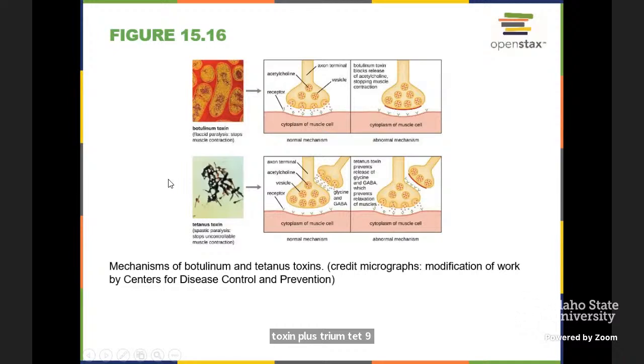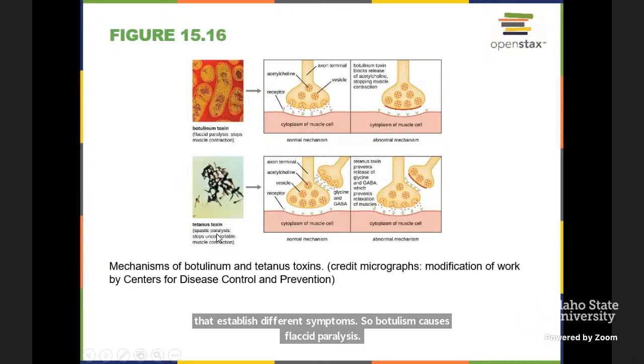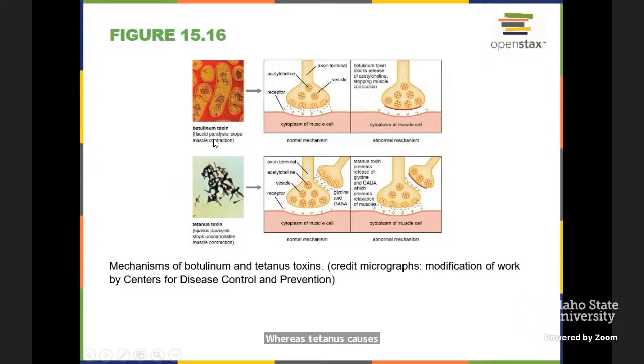So different things happening with the nerves that establish different symptoms. So botulism causes flaccid paralysis, whereas tetanus causes spastic paralysis. So the first one, the botulism, muscles don't contract, all right? So it stops those contractions.